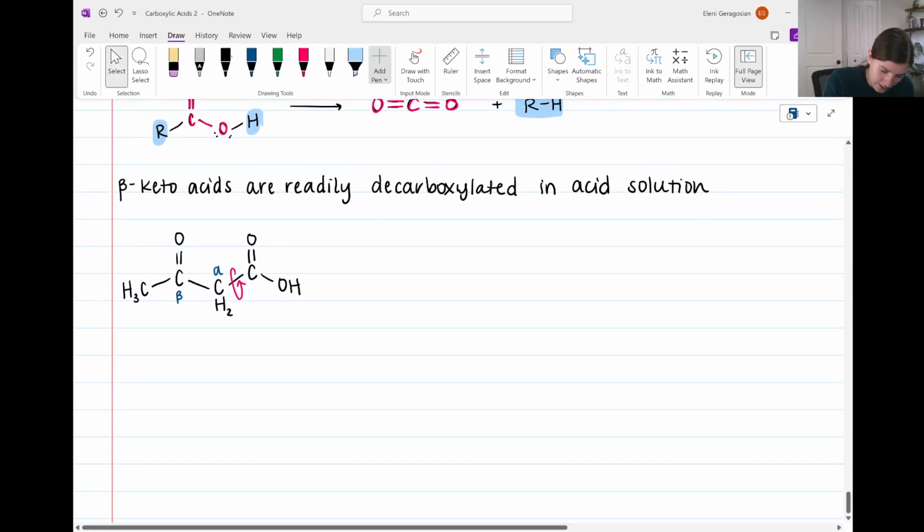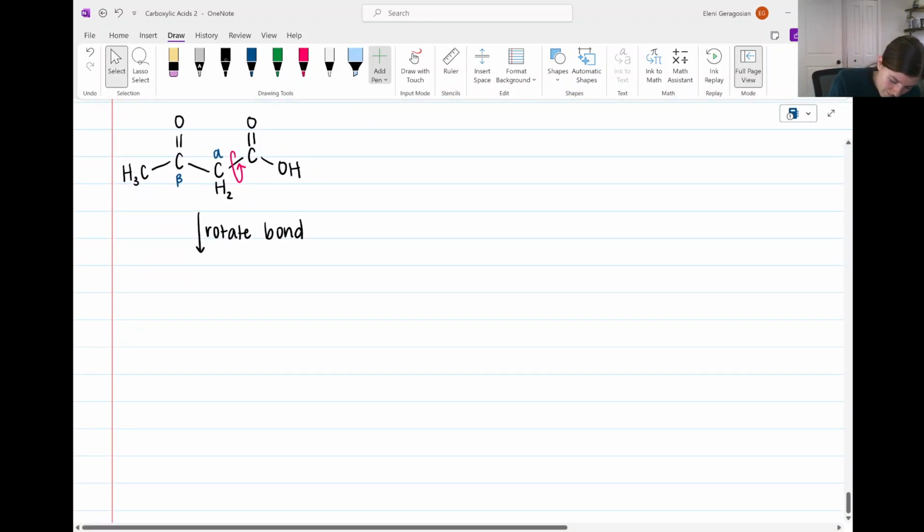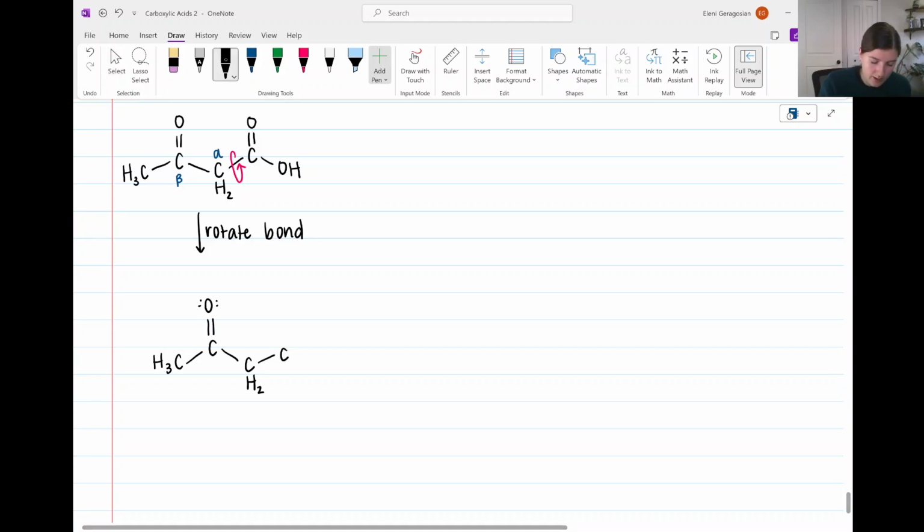So if we rotate the bond, all the carbons are in the same place. The ketone carbonyl is in the same place. Now we have a single bond to oxygen above the carboxylic acid carbon, and then the carbonyl oxygen to the right.